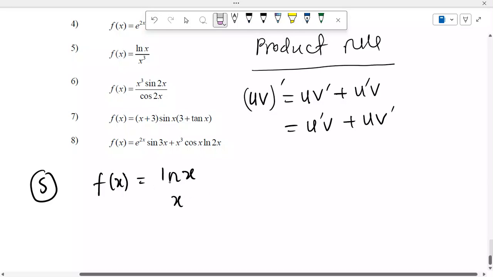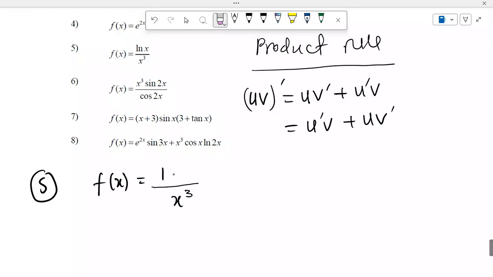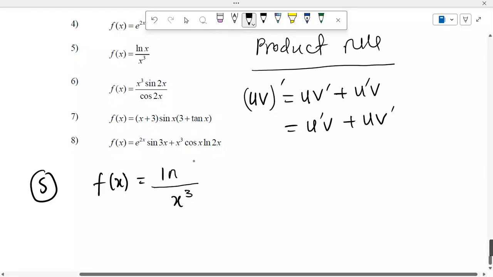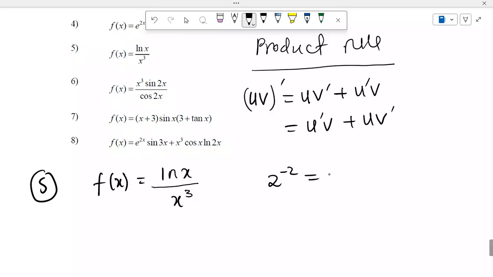Here I taught that if you have 2 to the power negative 2, this is the same as 1 over 2 squared, according to indices. So we have to take the denominator to the numerator for us to perform the product rule.